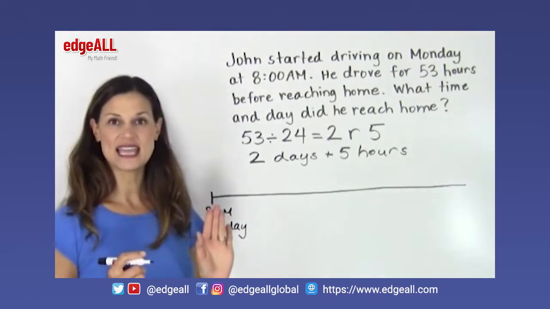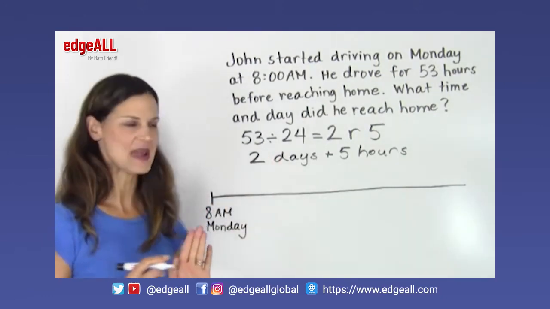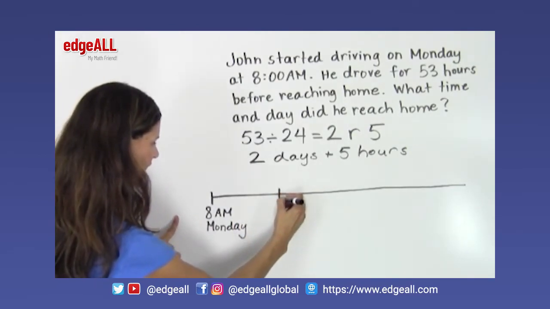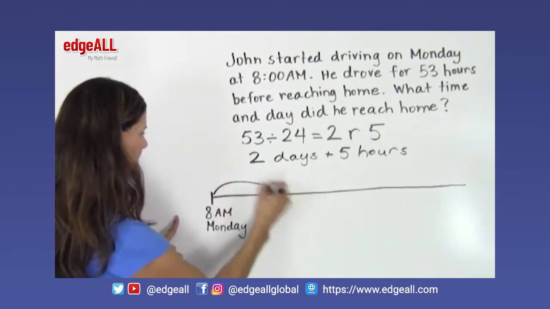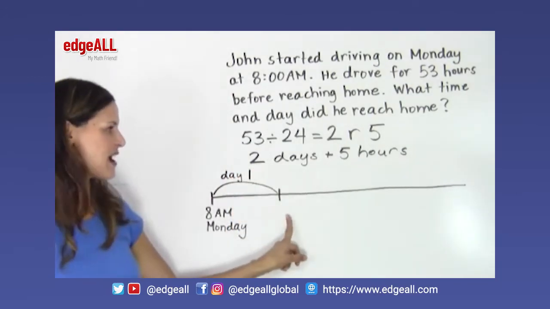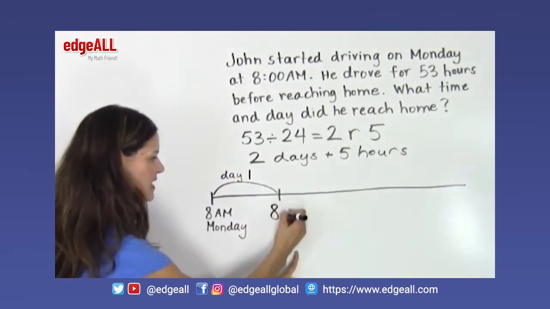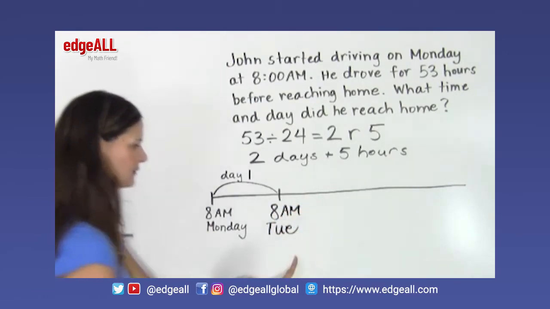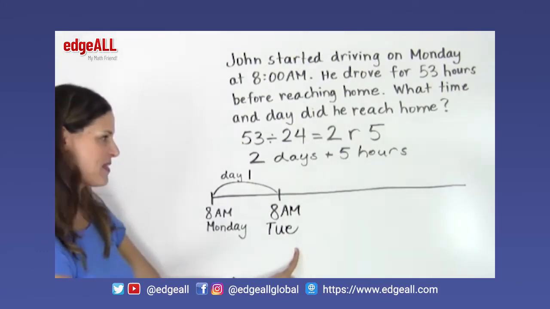Now, we want to count ahead the first day. So after day 1, and I'll put a little mark right here for our next day. So we're going to call this day 1. After day 1, the time would be 8 a.m. on Tuesday. And then again, the same thing.